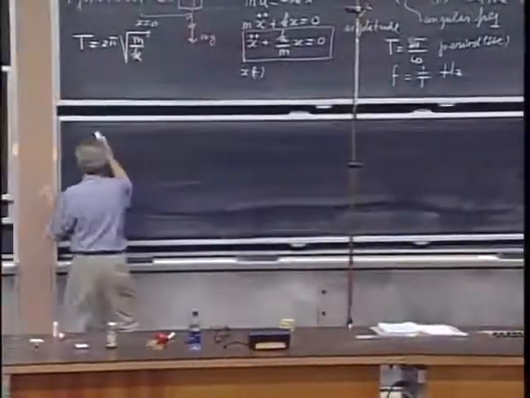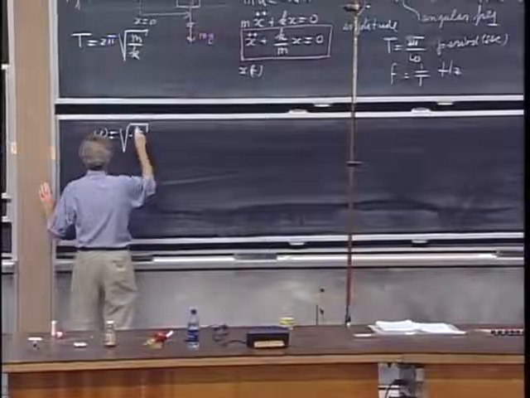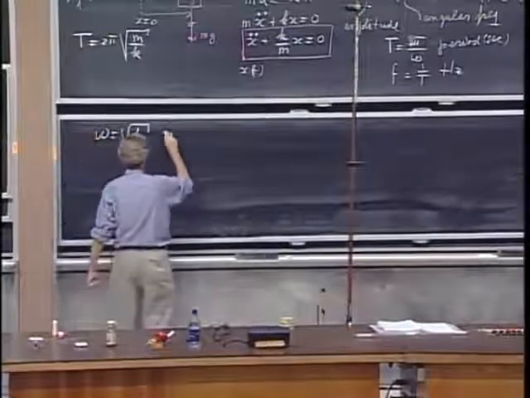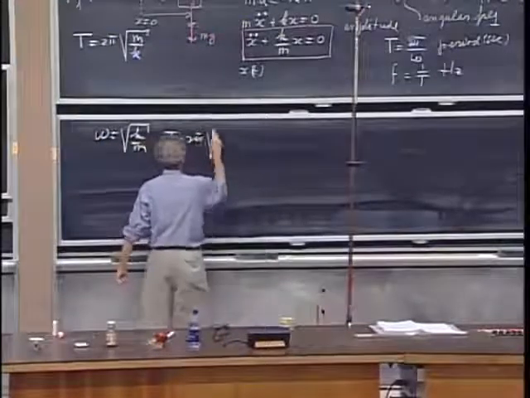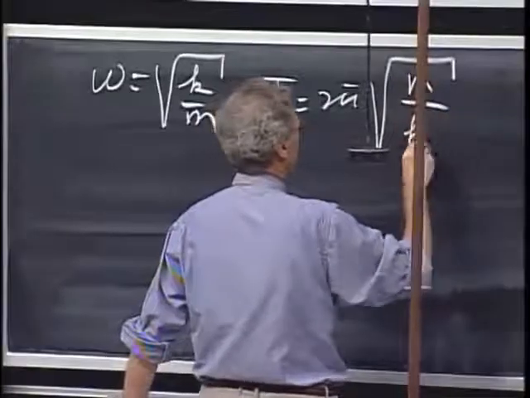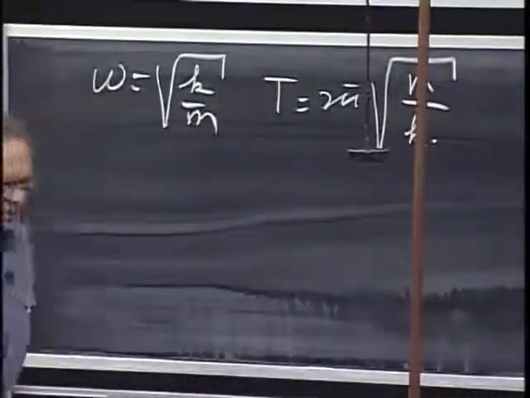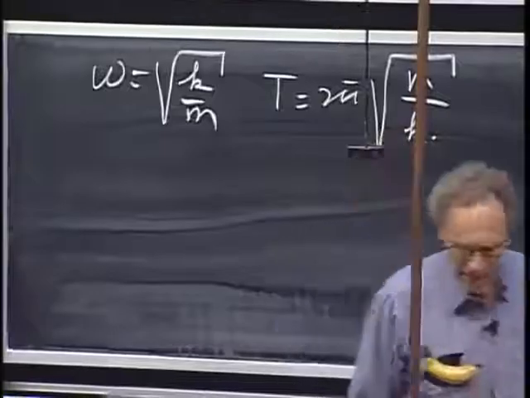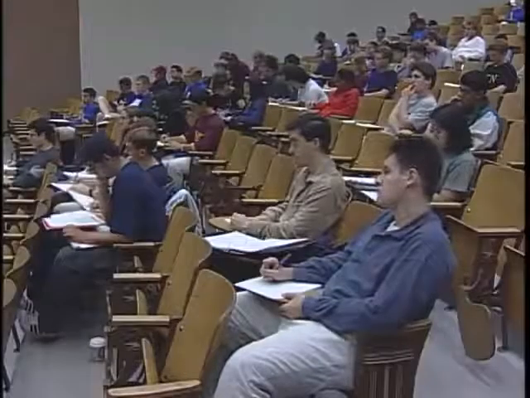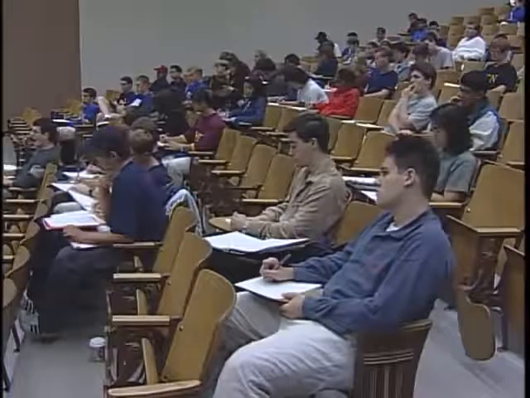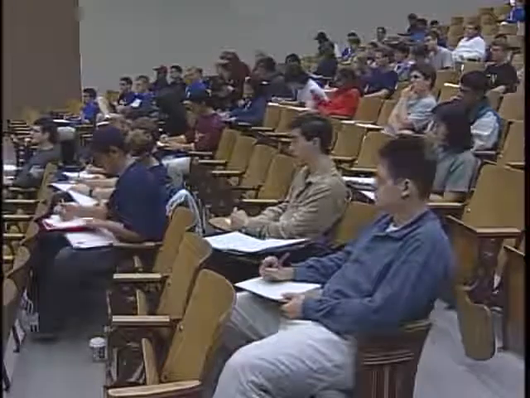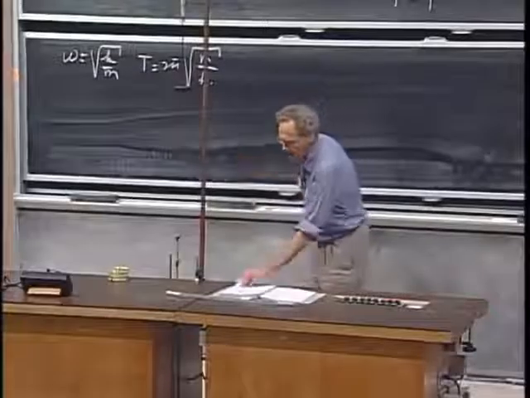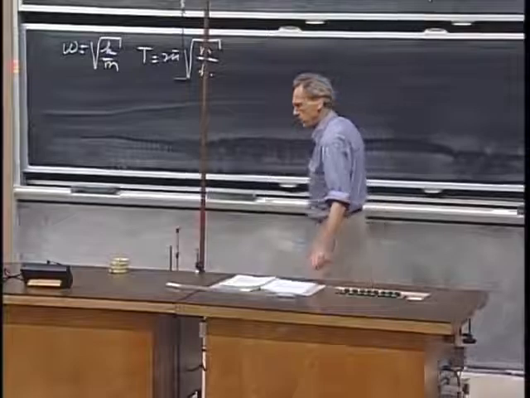So we have omega equals the square root of k over m, and the period is 2 pi times the square root of m over k. And what is striking, really remarkable, is that this is independent of the amplitude, and it's also independent of this angle phi, this phase angle.